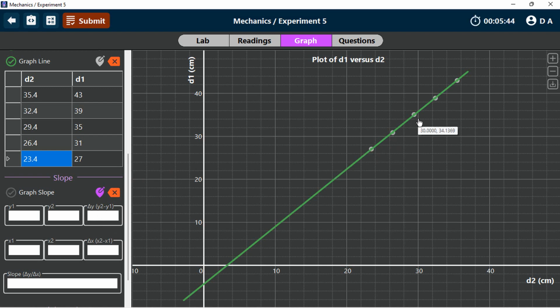So I'm going to take this point, or let me take this point here. Take a point that you can easily find the value of x and y. Then I'm going to take another point, let me take somewhere around here.